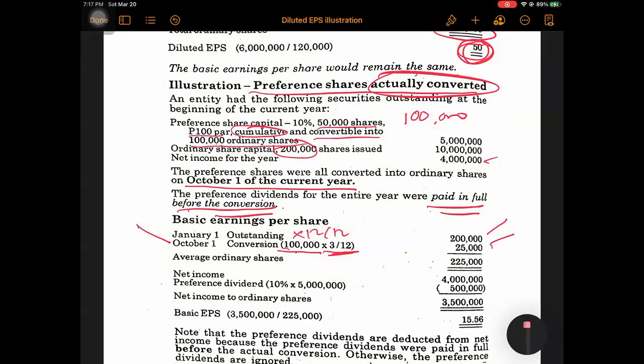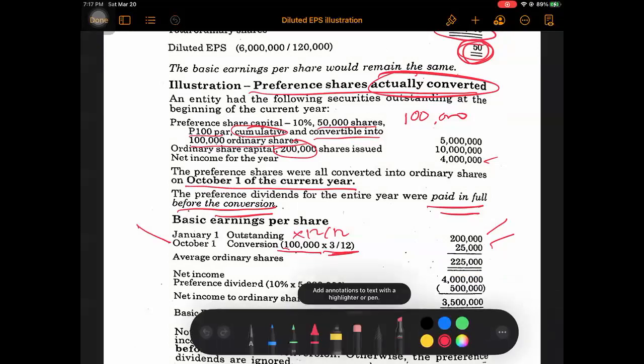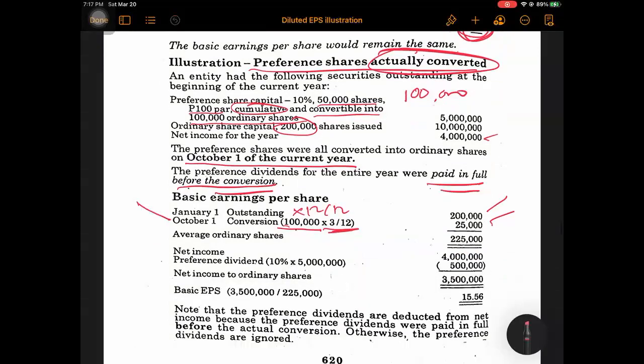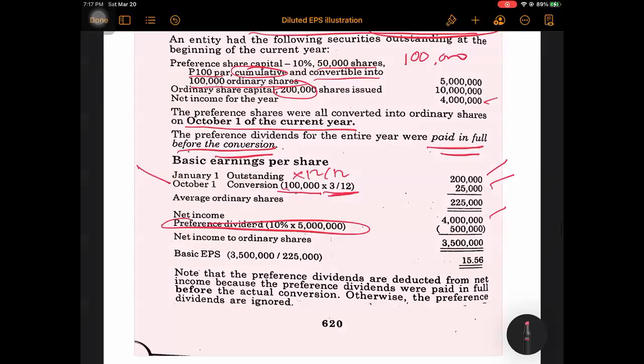How about the computation of our net income? Okay, since the net income is 4 million, we need to deduct the preference dividend. Take note that the preference dividends are deducted from net income because the preference dividends were paid in full before the actual conversion. Otherwise, the preference dividends are ignored.